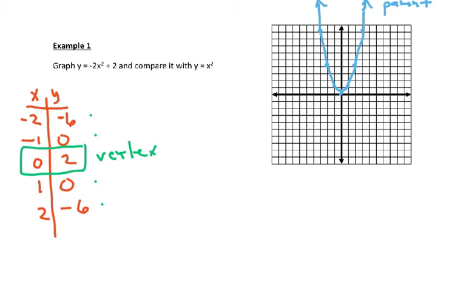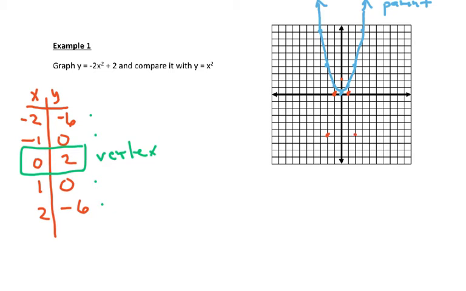Negative 2, negative 6. Negative 1, 0. 0, 2. And then we've got 1, 0. And then we've got 2, negative 6.